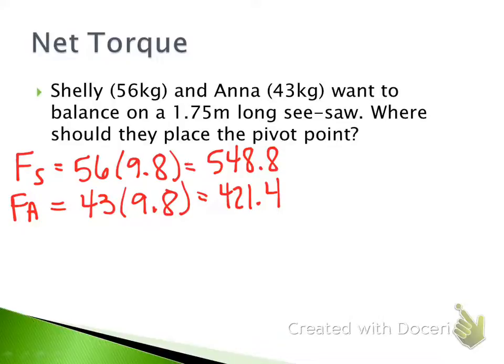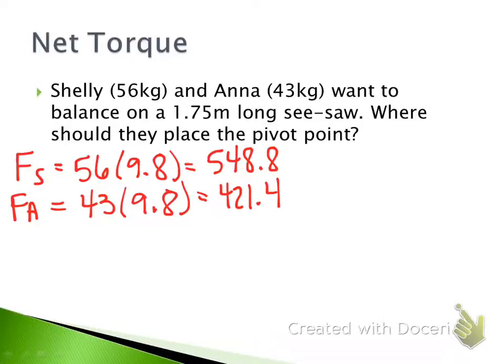So what do we do if we're missing both of these variables? We're missing radius of Shelley and radius of Anne. Put one radius as x, and then the other one as 1.75 minus x. Perfect. So we'll pick one, make that variable either r sub a or r sub s. The other variable would then have to be 1.75 minus whatever that radius would be. Does that make sense? Do we understand why that has to be the case?